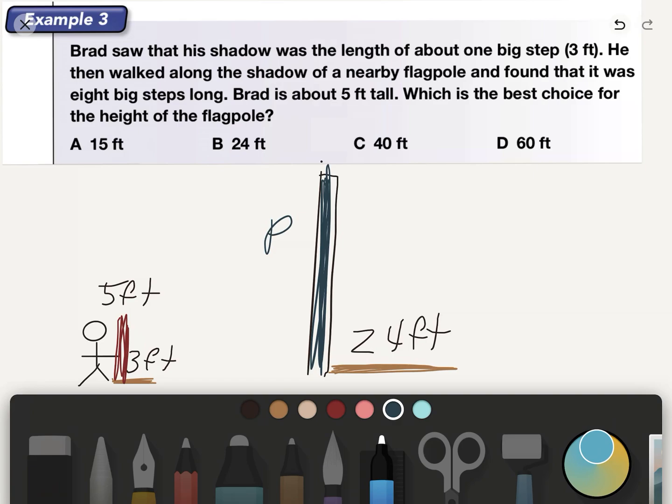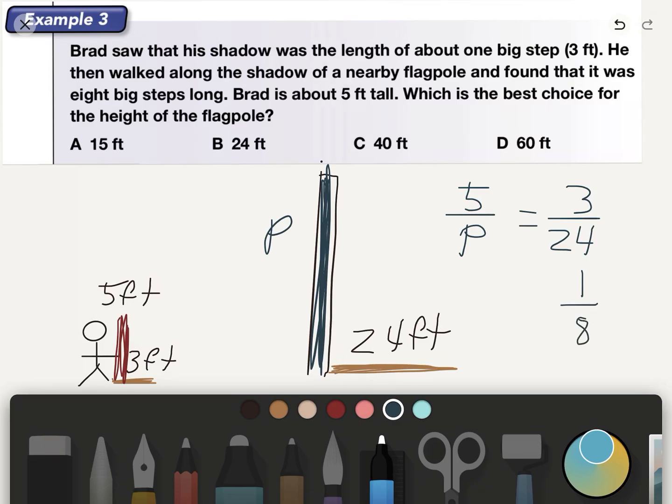Okay, well, looking at this, we can put 3/24 on one side, and we can say 5/p for the length of the pole.